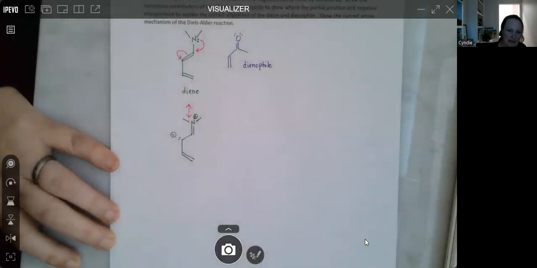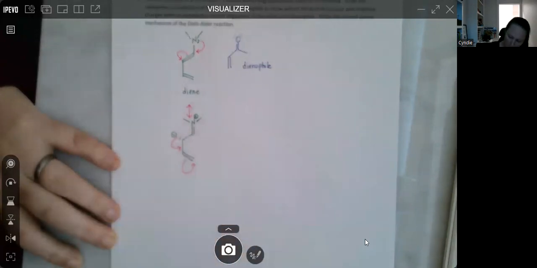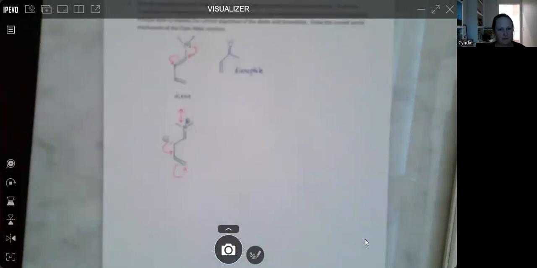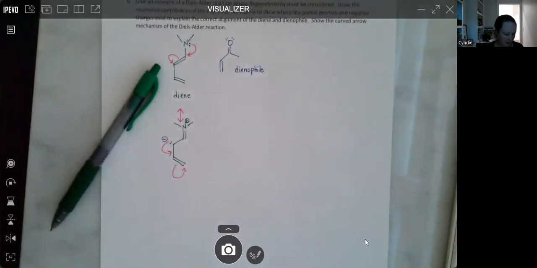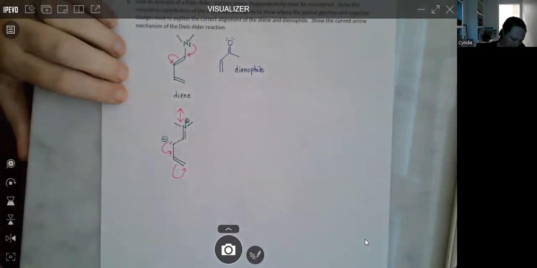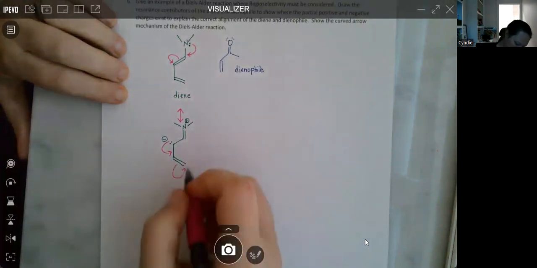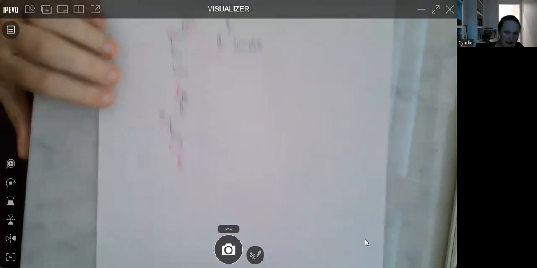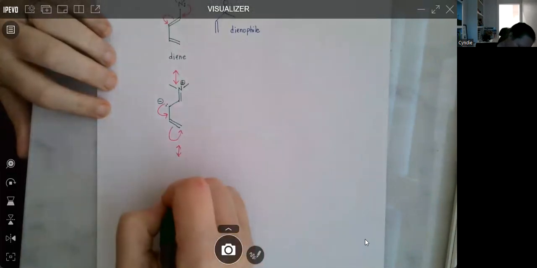And then we can actually keep going with the allylic lone pair pattern. So now we are going to draw in the last resonance contributor.